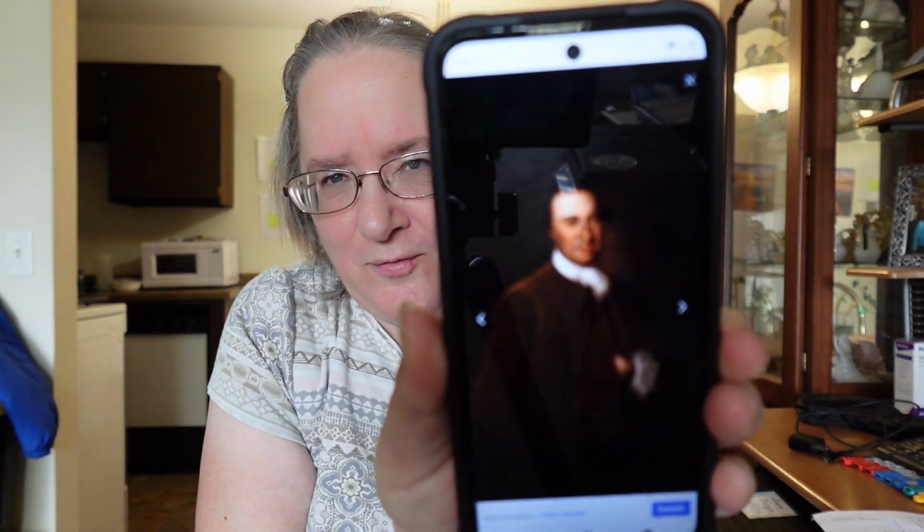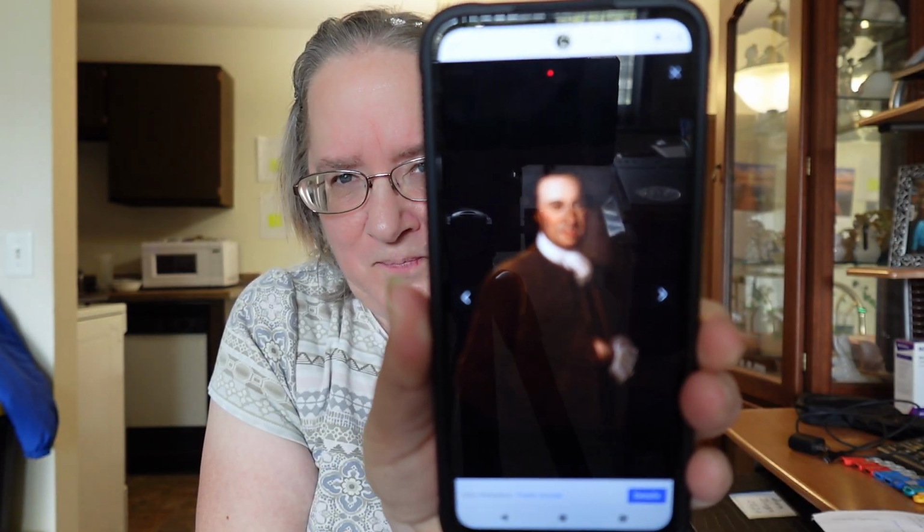Okay, so this is a picture of John Hanson. He kind of looks a lot like F. Murray Abraham, actually. So here's a picture of him. Let's see here, what did I say his name was? John Hanson.